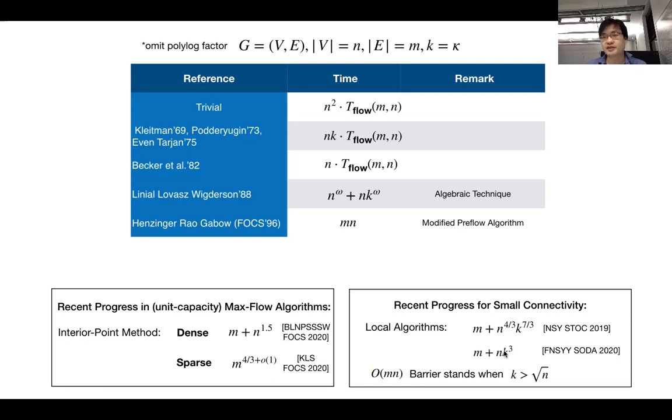However, with this recent progress, the mn barrier still stands when connectivity is large, in particular larger than square root of n.